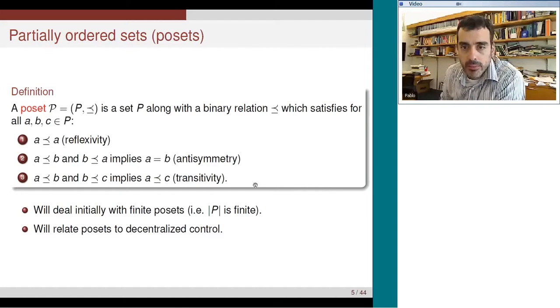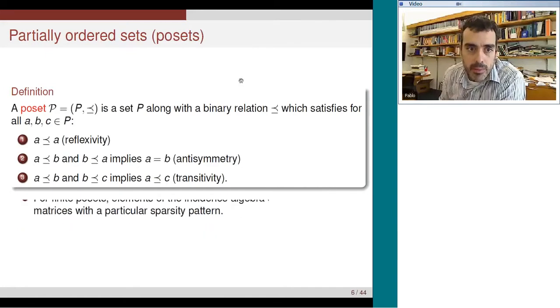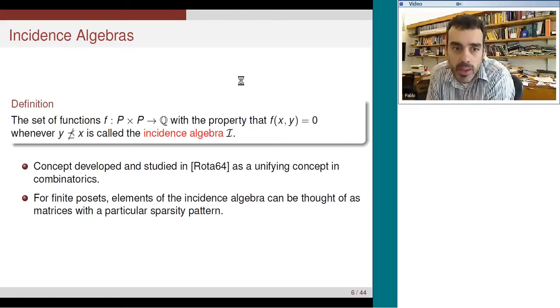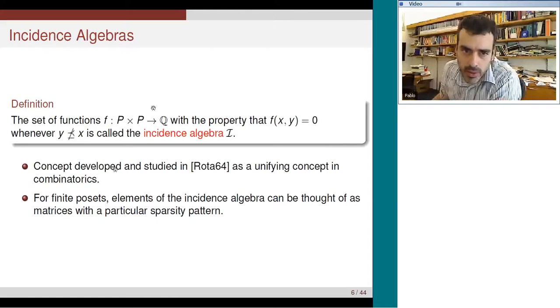But let me define immediately next something that relates this set-type concept with a particular algebra of matrices that we can define. And this is something called the incidence algebra of a poset. And it's something very nice. I mean, the definition is perhaps a little bit tricky the first time that you read it, but we'll see an example in just a second.